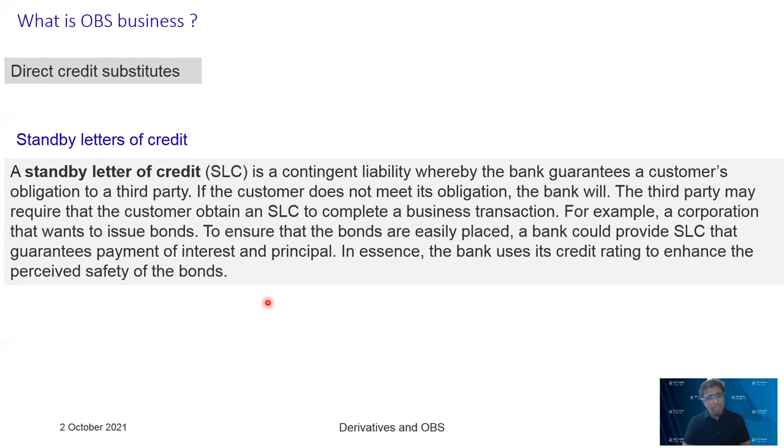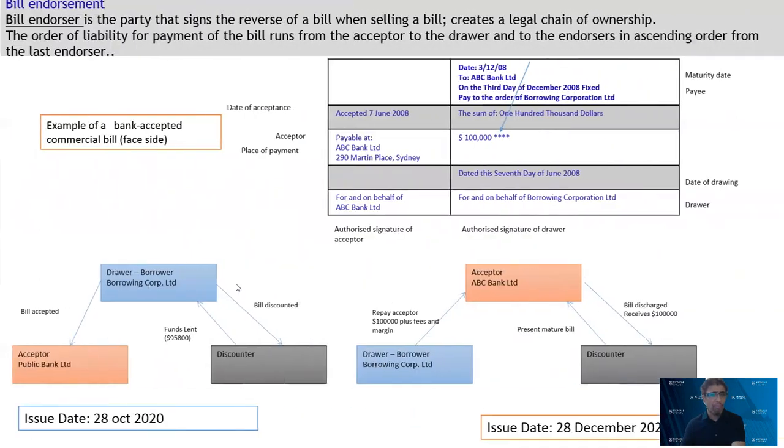But later on, when it matures and the payment comes, if the corporation, which is the issuer, pays, there is no issue. But if they default, then this off-balance sheet amount of the guarantee will move and become a liability on the balance sheet. So this is what you call the direct credit substitute, just an example.